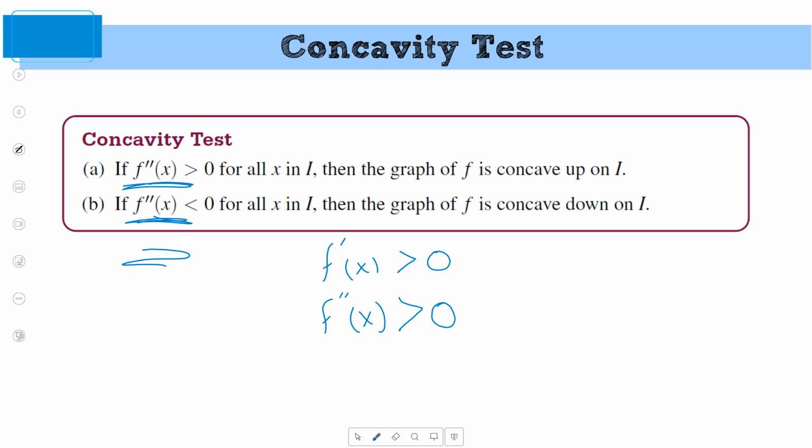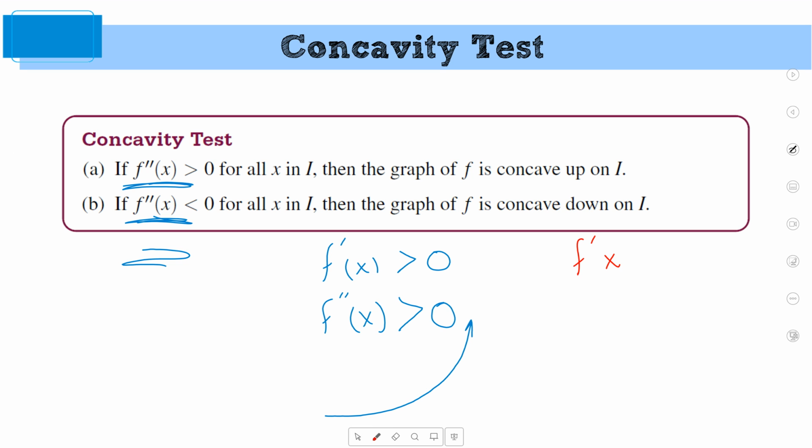If the second derivative is positive, then it's concave up. So this would look something like that. Increasing and concave up. And in fact, let me do that again to overemphasize it. It would look something like that. And you can see where I'm going with this.